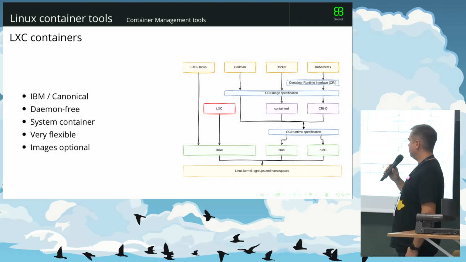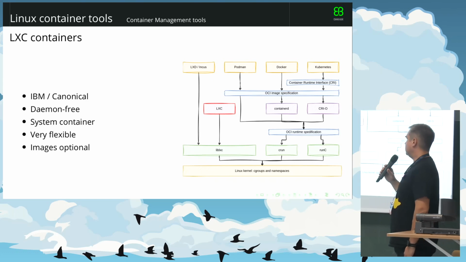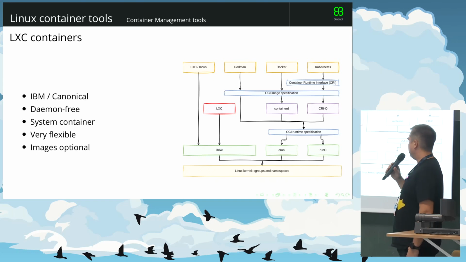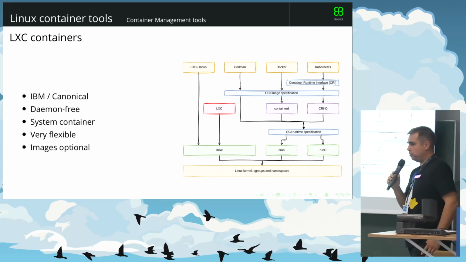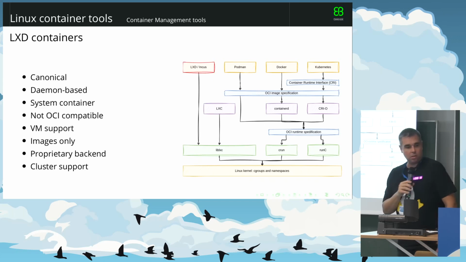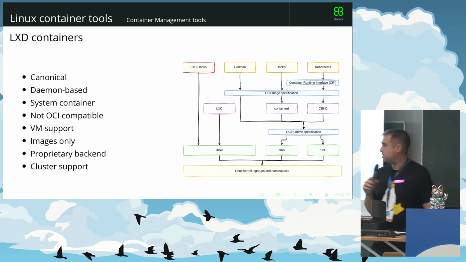It's a daemon-free solution, and it tried to build lightweight VMs, so it's focusing on system containers. It's quite a flexible tool, and you can use images, but you don't have to. You can also configure your LXC environments in a different way. Next slide, please.